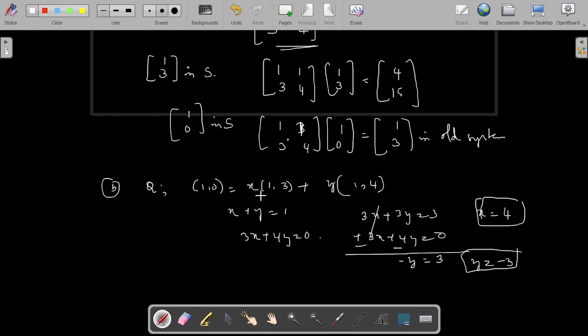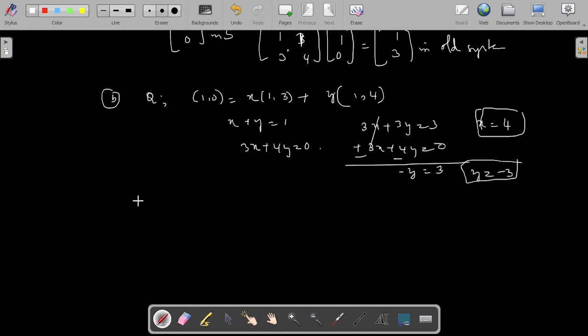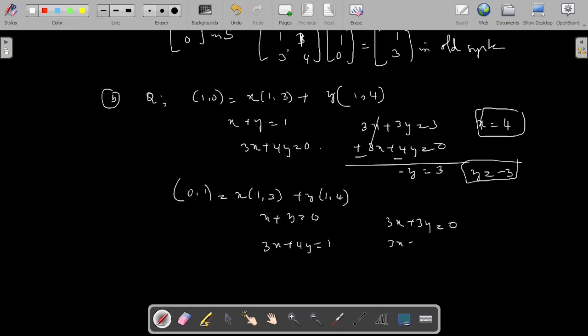Therefore, the coordinates of (1, 0) are given by (4, -3). That is one column of Q done. Then similarly, you have to get (0, 1) as a linear combination of x times (1, 3) plus y times (1, 4). Then x plus y equals 0 and 3x plus 4y equals 1. So this gives you 3x plus 3y equals 0, 3x plus 4y equals 1.